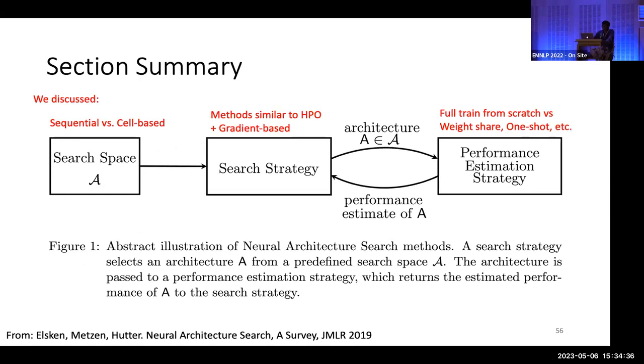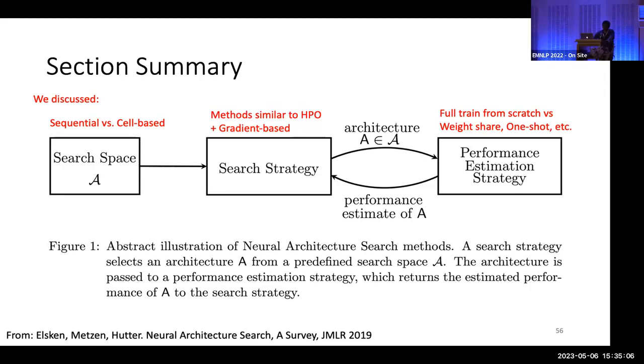Okay, so to summarize this section, we talked about NAS methods basically being composed of three components. One's the search space, and you can define it as a sequential set of actions, or you can define it as a cell where you just have different node operations and different edge connections. And the cell-based method is actually the mainstream currently.